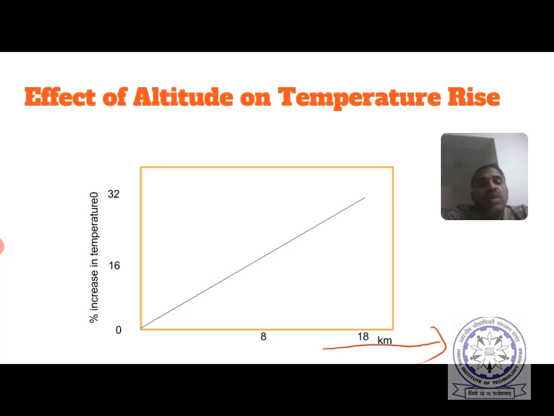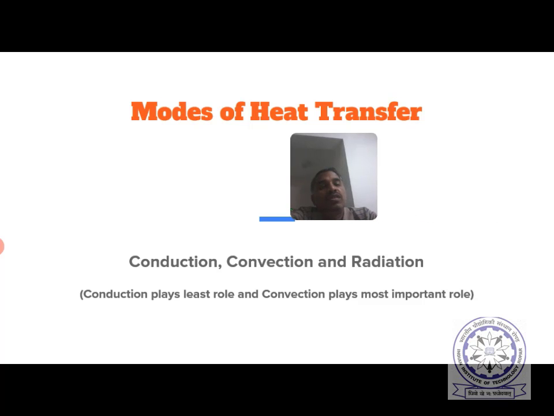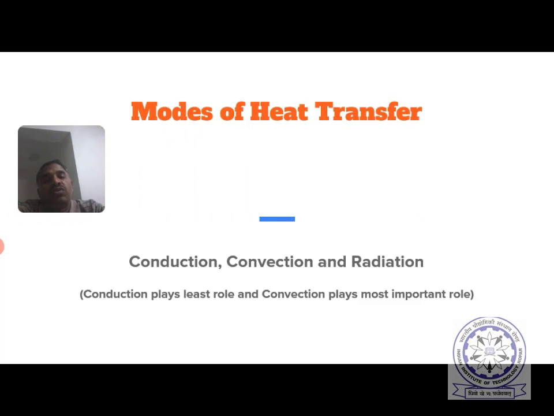So altitude also causes an increase in hotspot temperature, and more or less straight line characteristics are shown here. These characteristics show the importance of cooling in a transformer. Therefore, modes of heat transfer in a transformer are very important.